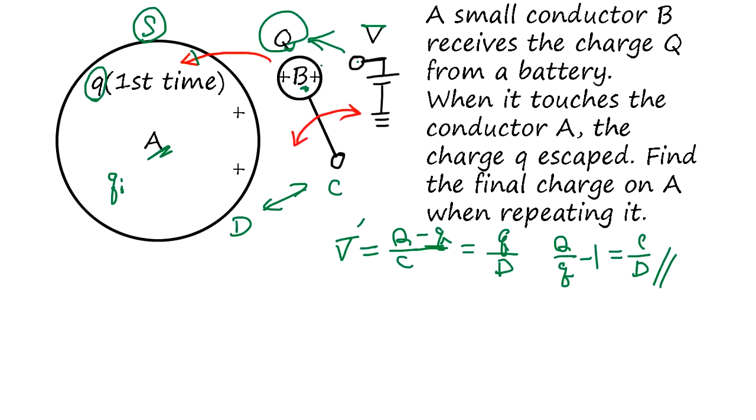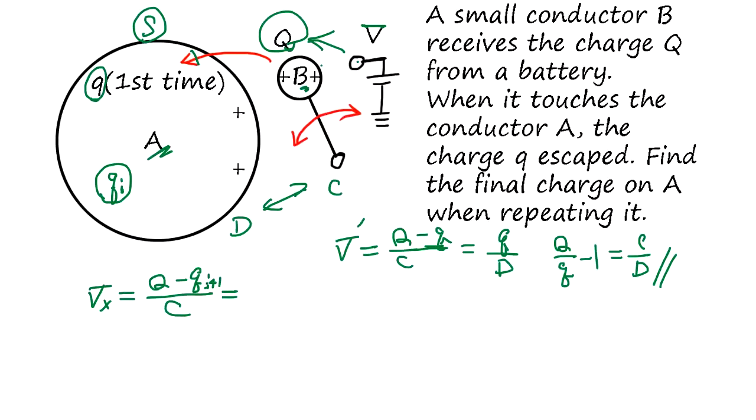Okay, now we repeat qi times, so we use the same idea. Vx, we don't know what Vx is, but it's going to be Q minus qi, the qi times, C, equals how much we accumulated already.